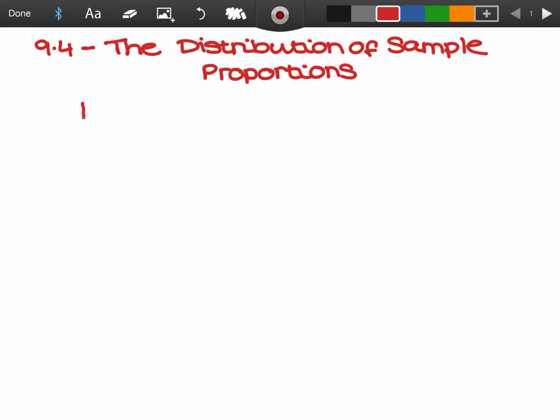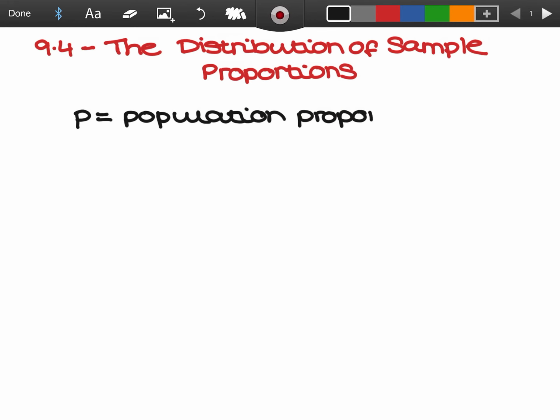So the first thing we need to start out with is some notation. I'm going to say that P is the population proportion. That's the thing that is very, very hard to find. And then the sample proportion for any sample that I take, I'm going to call P hat.